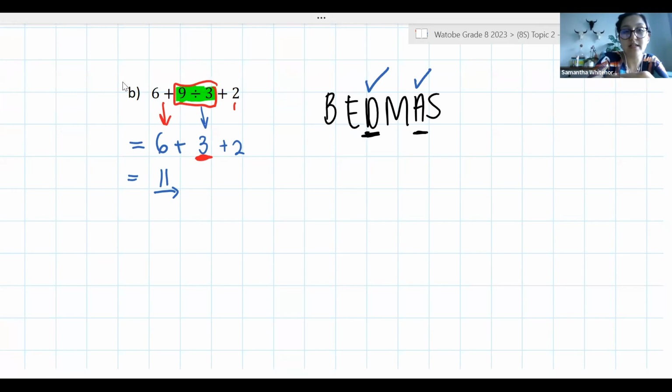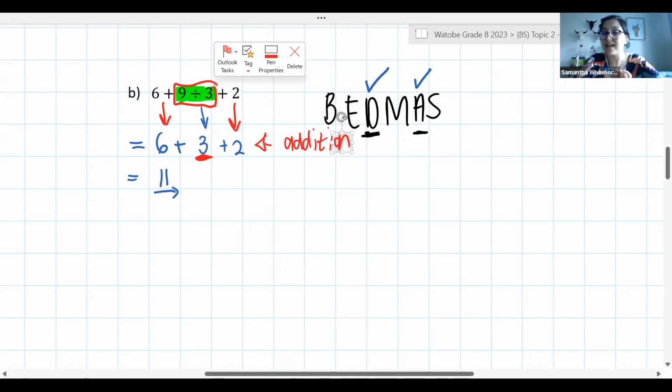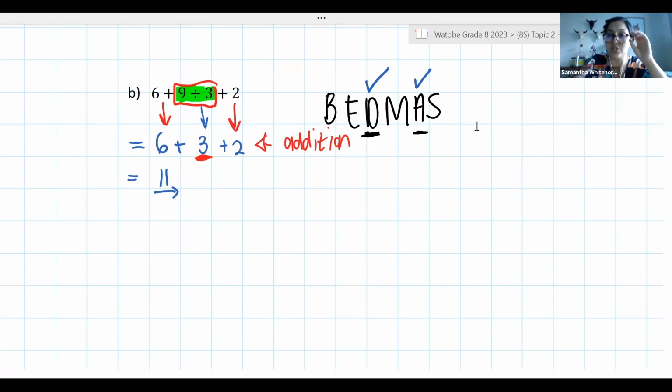I keep the rest of the expression exactly as it is. So I keep it 6 plus 3, which was my answer from my division, plus 2. And only then do I do my addition part of BODMAS, because addition happens right at the end. So we need to start with the division and only later do the addition. Okay, so addition and subtraction, guys, happens right at the end. You deal with multiplication and division first.